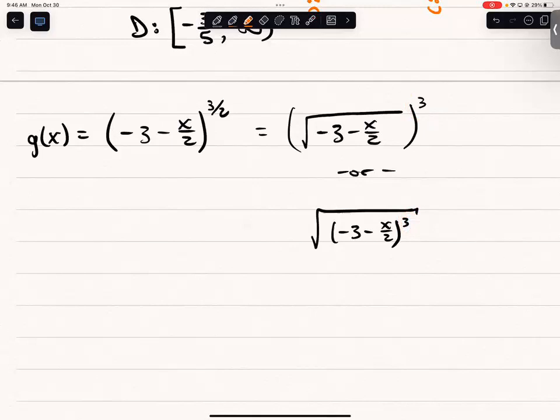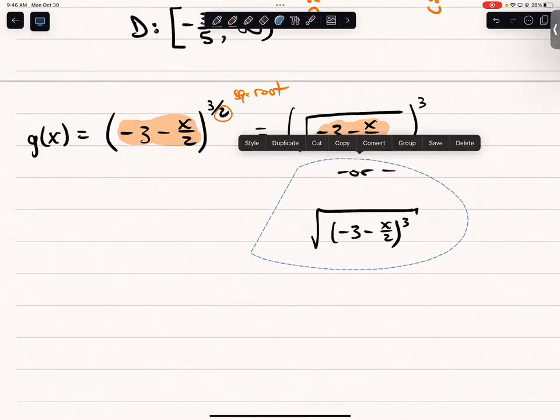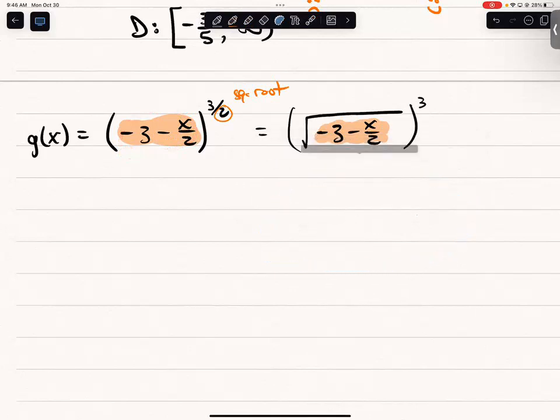So what I need to be concerned with then is just figuring out, again, because it's a square root, where this is positive. I'm just going to forget all about the cube because it doesn't really change how I'm going to handle things anyway, right?